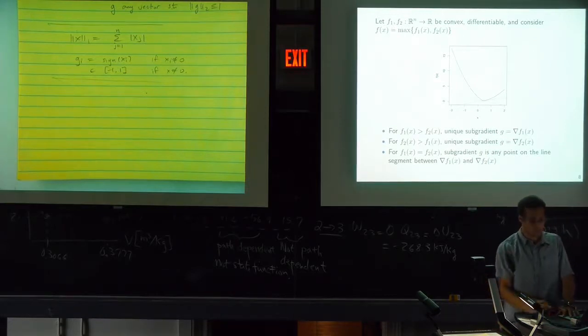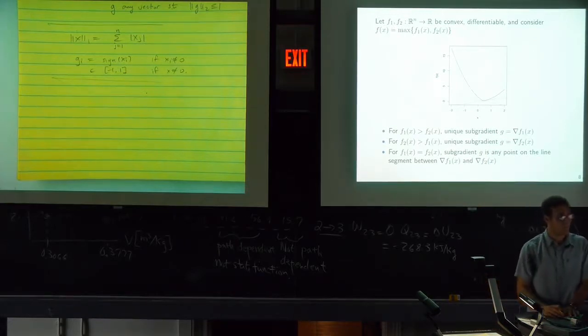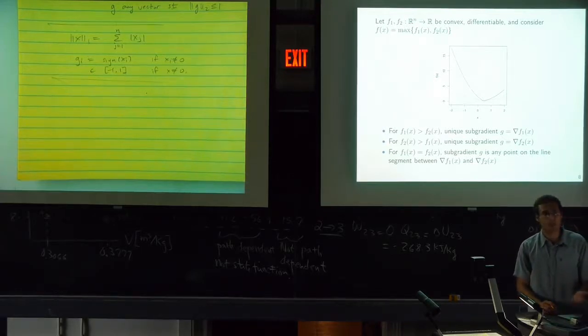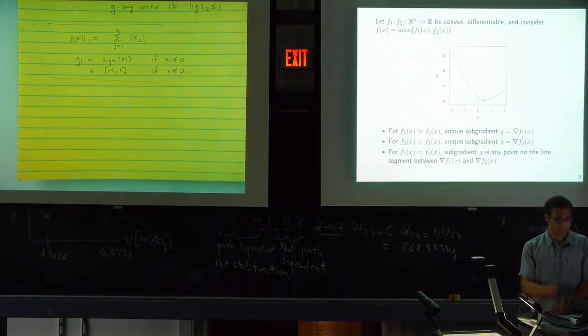This is probably easiest to see from the definition. Here, these are just rules I gave you to remember. You can generally derive subgradients from the definition, but it's a lot easier to remember these simple cases and then build your way up to subgradients of more complicated functions by using subgradient calculus, which we'll talk about in a few slides here.